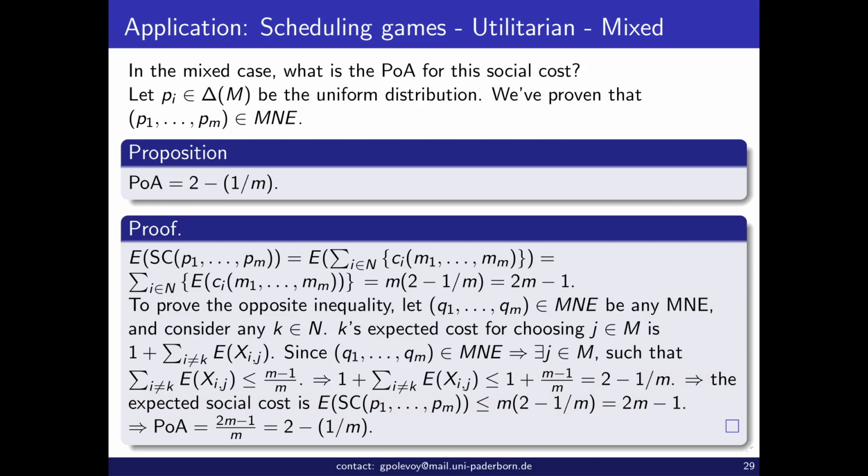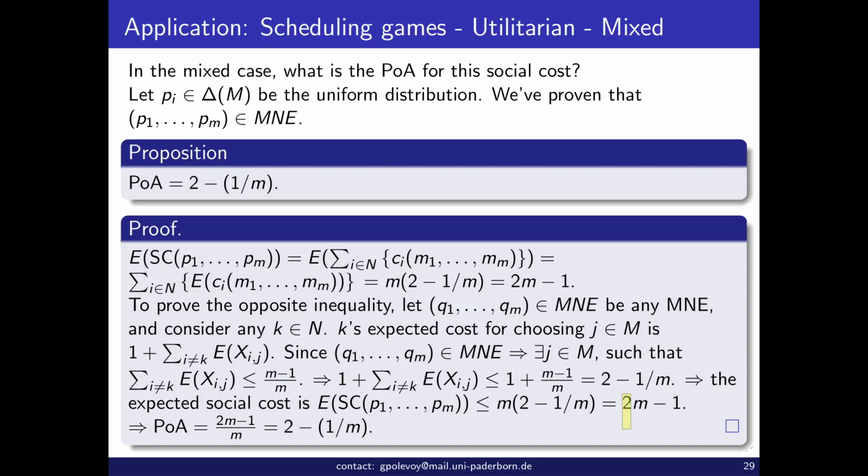So we've proved now that the maximum cost in any mixed Nash equilibrium is 2m minus 1.